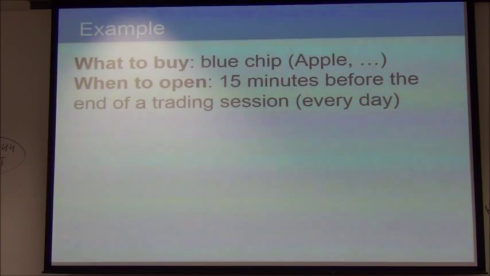So the idea is that some traders close their positions at the end of the day. What does it mean? It means that if, for example, the price of a certain stock was growing during the day, maybe at the end of the day, people who bought that stock at the beginning of the day will sell those stocks at the end of the day.